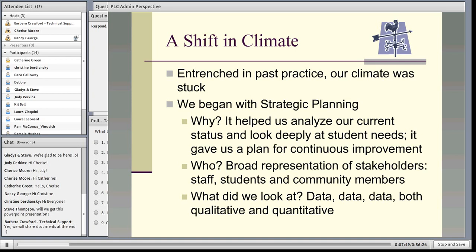And so we went through a pretty intensive process that included classified staff, custodial staff, teaching staff, administrative staff. It included students from all different programs. It included community members and stakeholders, whether family members, or people from business or the city, who all participated in this pretty extensive strategic planning process.